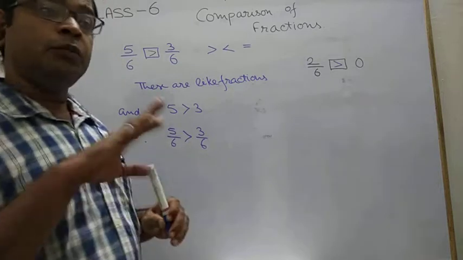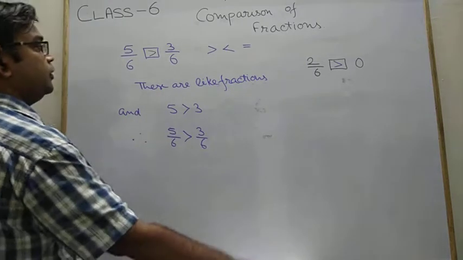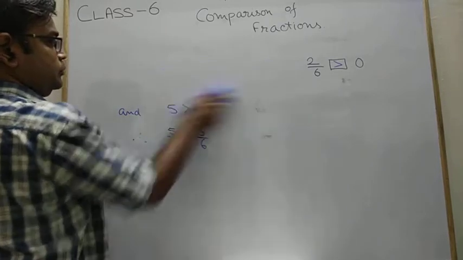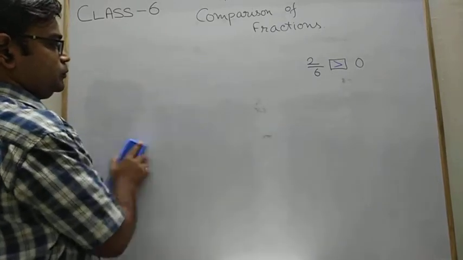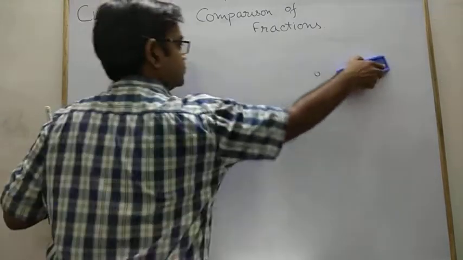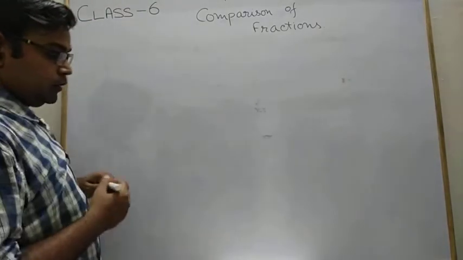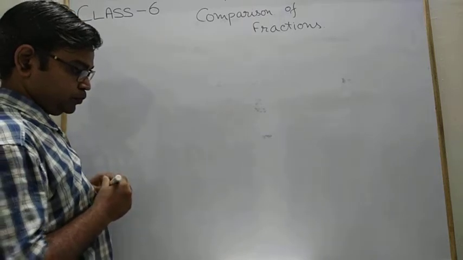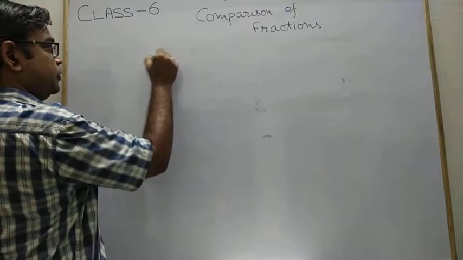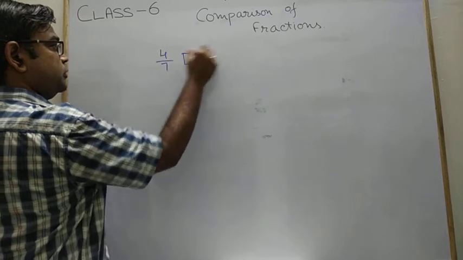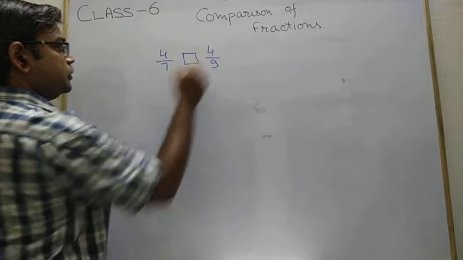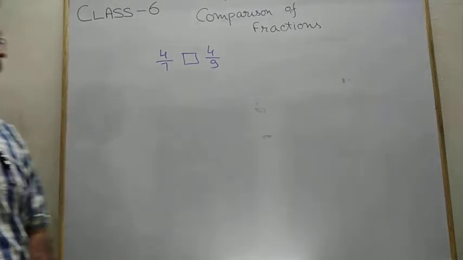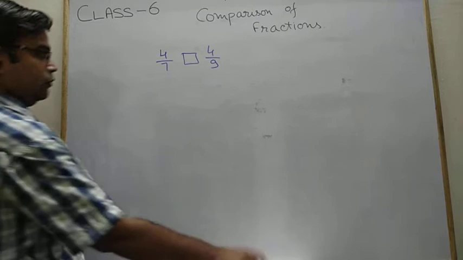Then if the numerators are same, let's take 4 upon 7 and 4 upon 9. We are going to solve this.